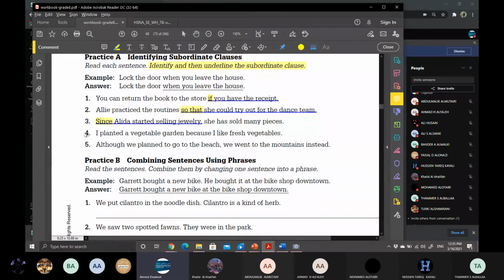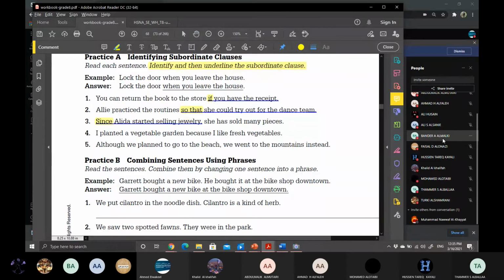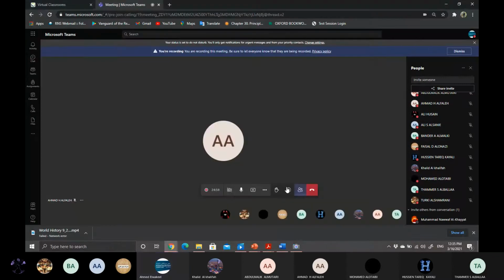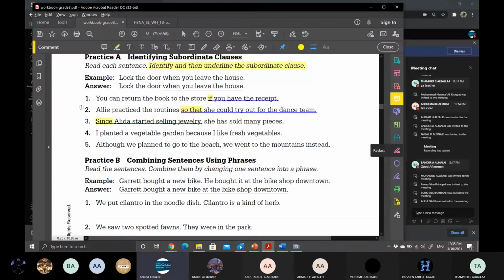Sana, number 4, and Al Malki, number 5. I planted a vegetable garden because I like fresh vegetables.